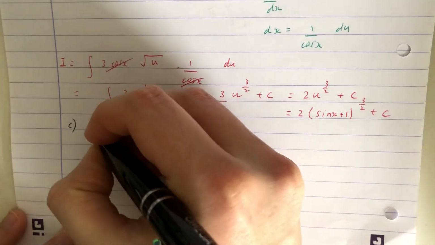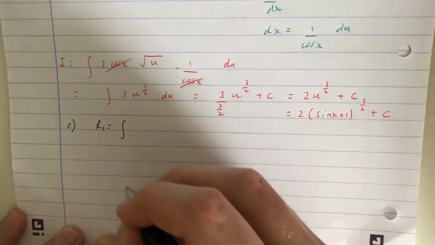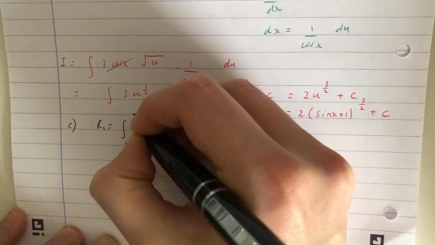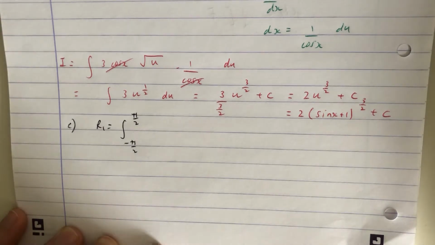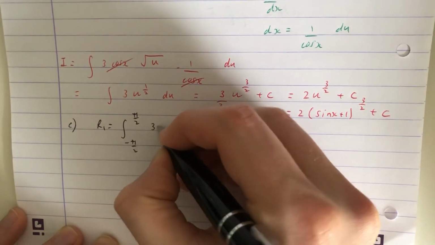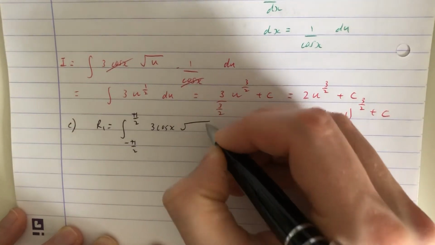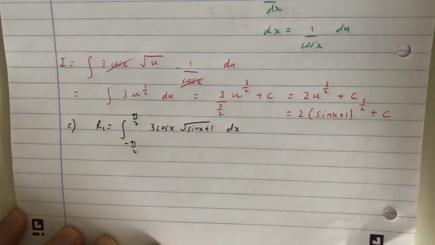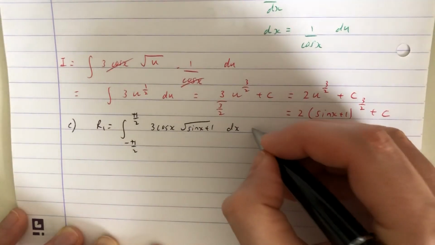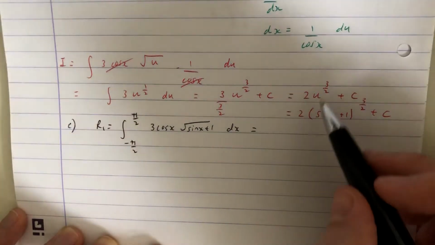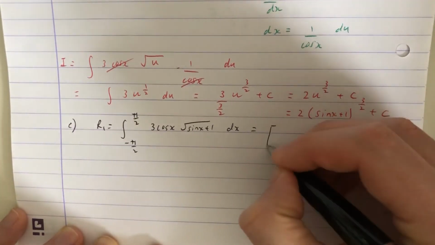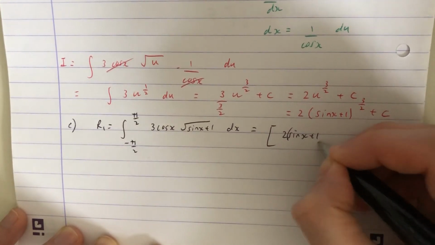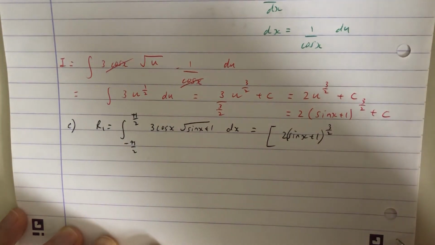So R1 would be integrating between minus pi by 2 and plus pi by 2 that function, which was 3 cos x square root of sine x plus 1 dx. And that would be what we've got there. 2 sine x plus 1 to the power of 3 over 2.